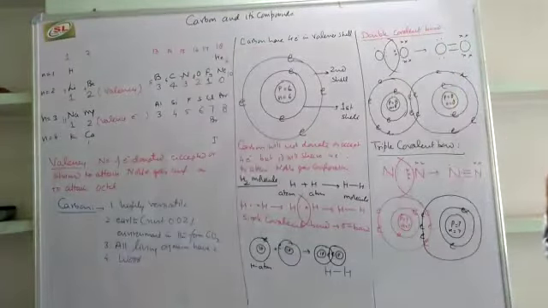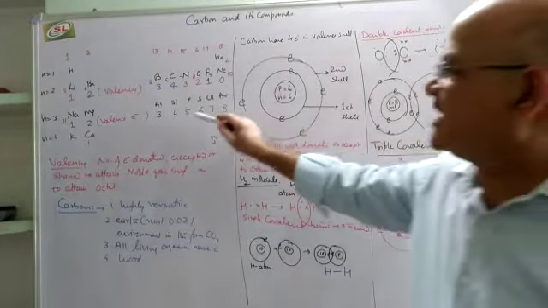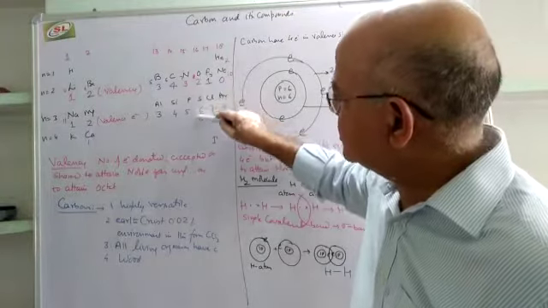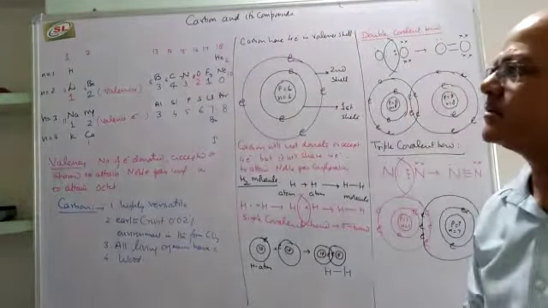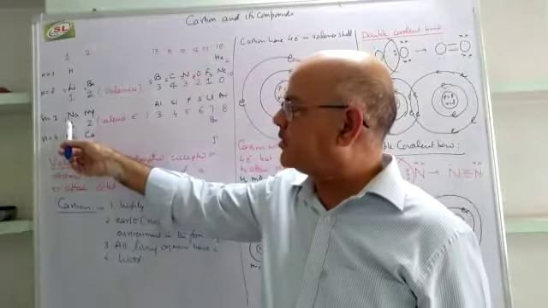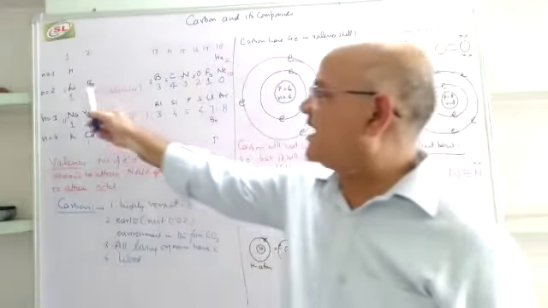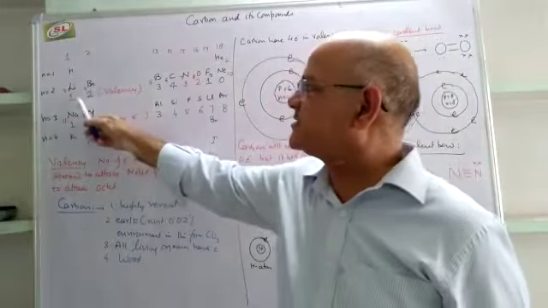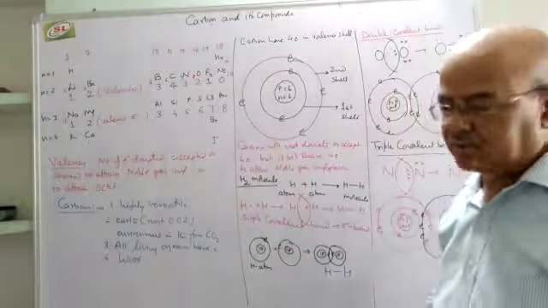In double bond formation, oxygen has 6 electrons in the valence shell. As you can see, the 16th group elements have 6 electrons in the valence shell. The valence shell electrons increase regularly from left to right, but valency first increases from 1, 2, 3 and 4 and then decreases 3, 2, 1, 0.